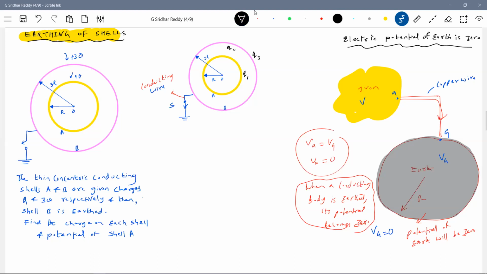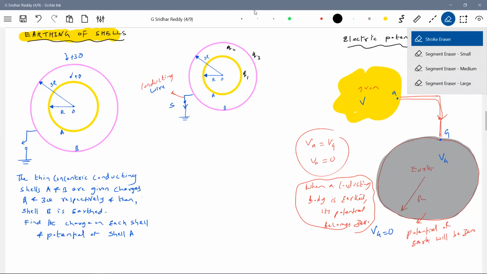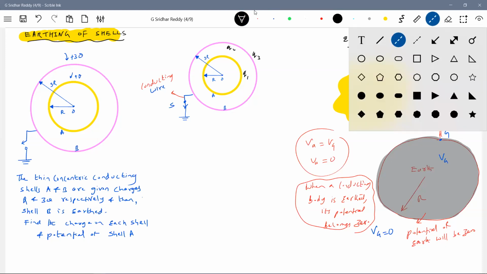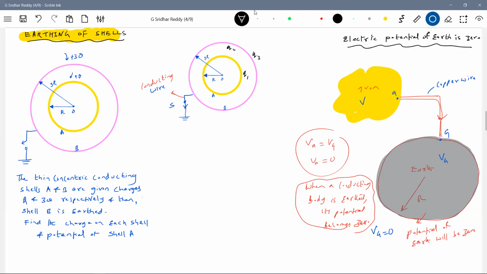And then what we are going to do is take help of a small procedure. Follow that procedure. It will be very easy for you. So this is the inner shell, the outer shell.